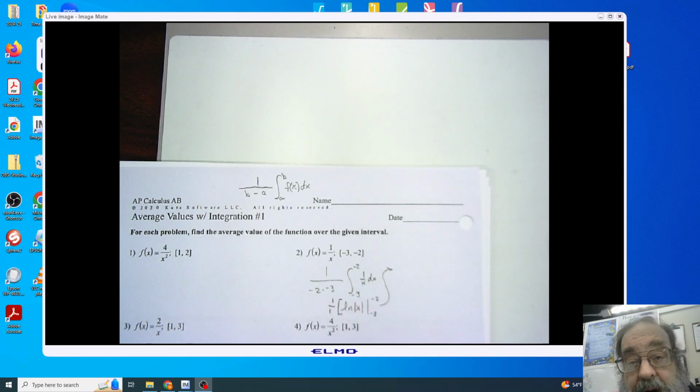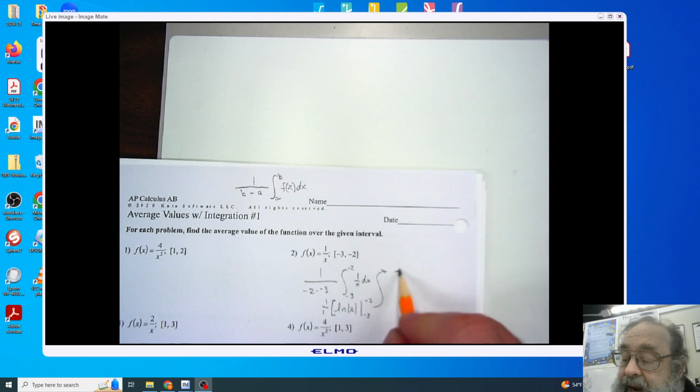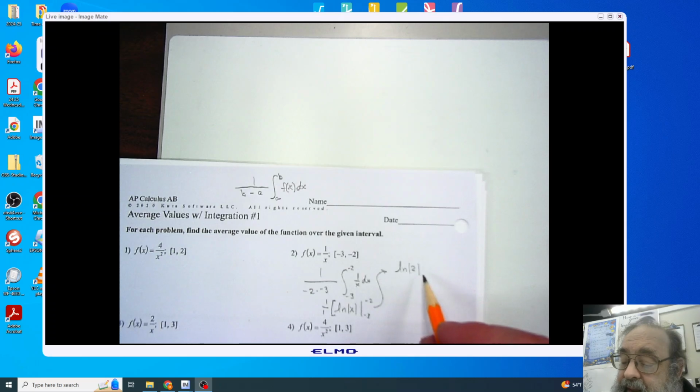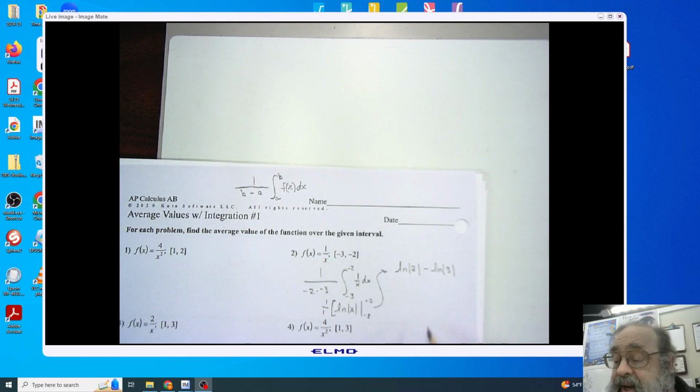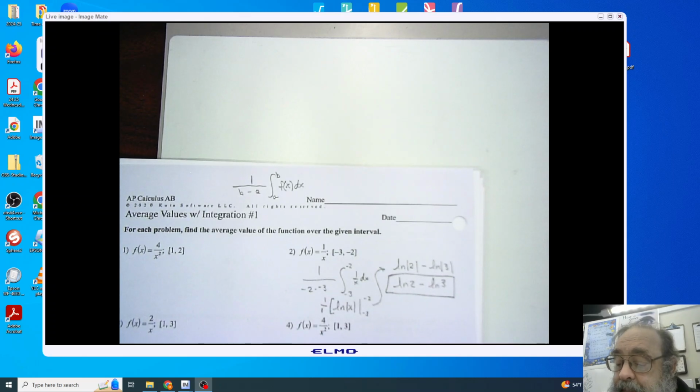Using the fundamental theorem of calculus, we're going to have the natural log of 2. Notice the absolute value is going to take away the negative, and then we have minus the natural log of 3. And once again, the negative is taken away. When I simplify it, I just have natural log of 2 minus the natural log of 3. And this is my answer.